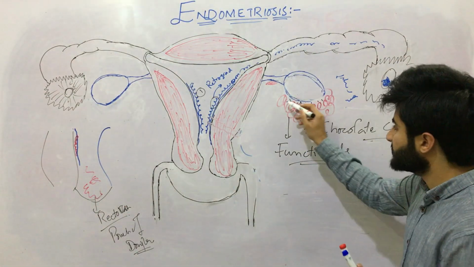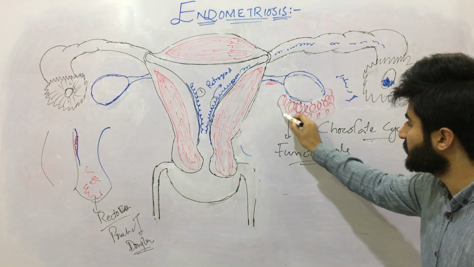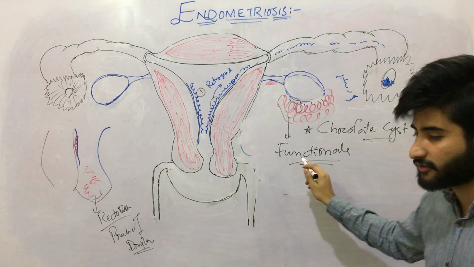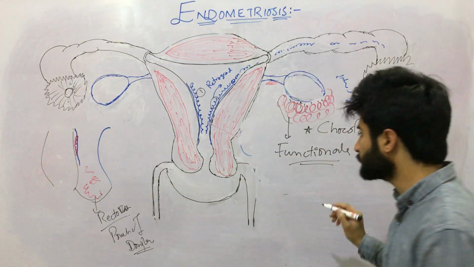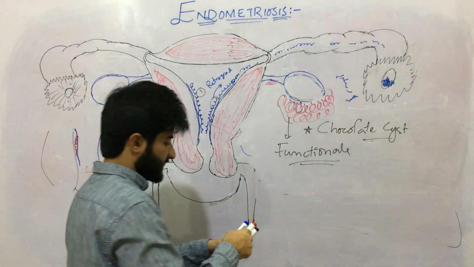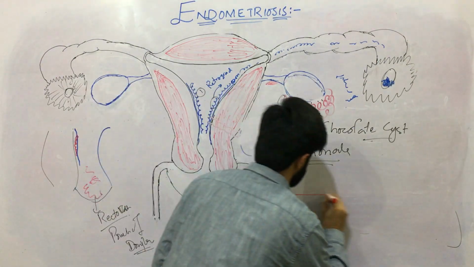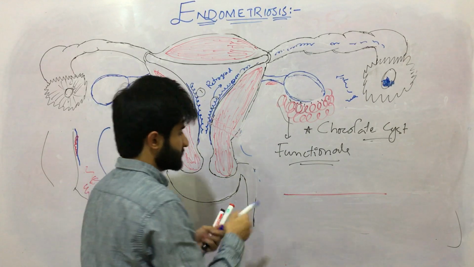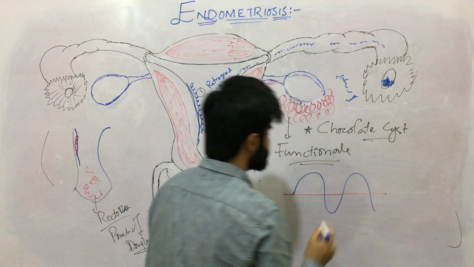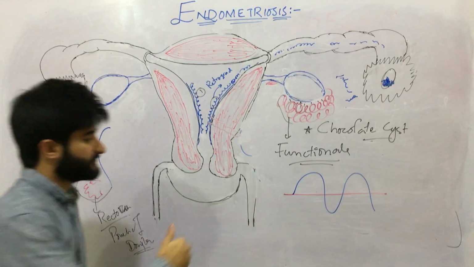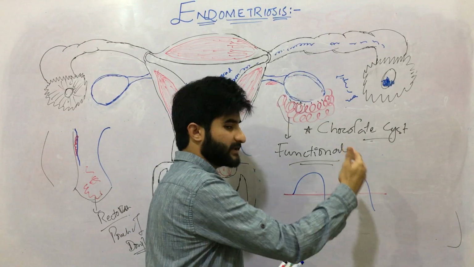So as this endometriotic tissue present here is derived from the functional layer of the endometrium, it has a cyclical order. It will develop and will then shed.